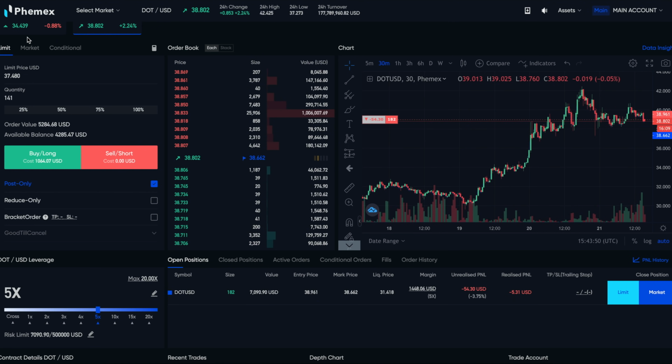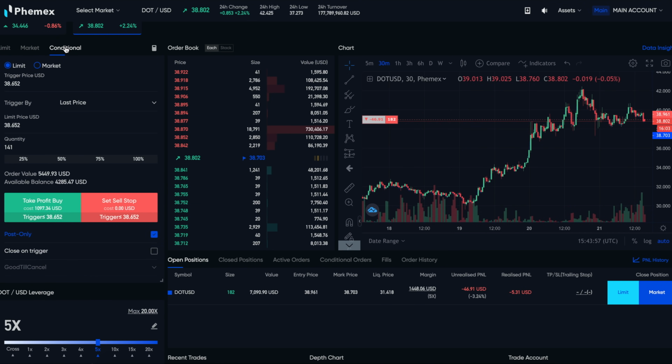Keep in mind, we do have 3 different types of orders you can do. I explained limit, I showed you market, and finally we have conditional. So conditional is essentially if this happens, then do this, right? And it could be triggered by either the last price or the mark price. You can also set it to limit or market.